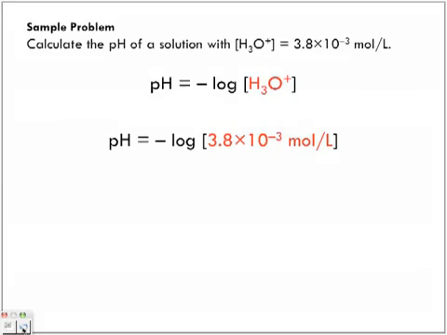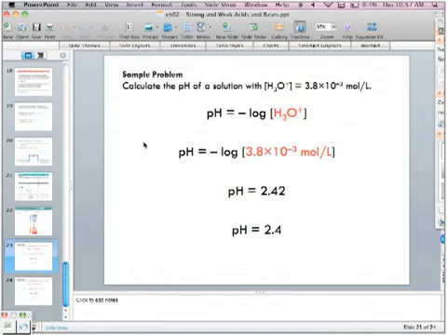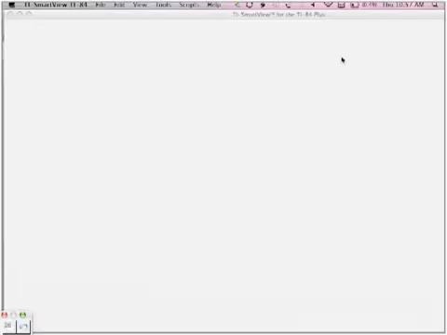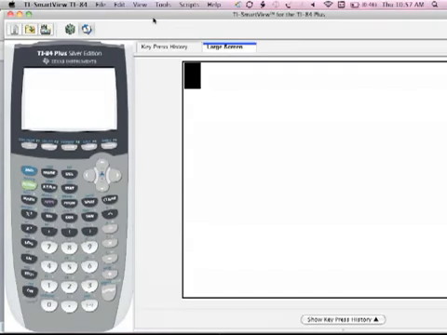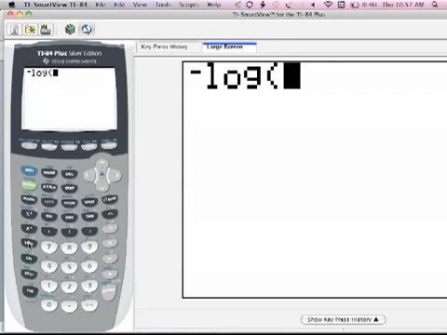So when we're putting in the calculation, we hit the negative button on our calculator, then the log button, negative log, and we put in the numbers 3.8.